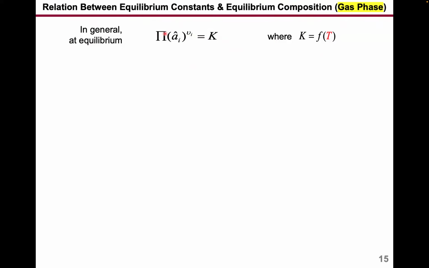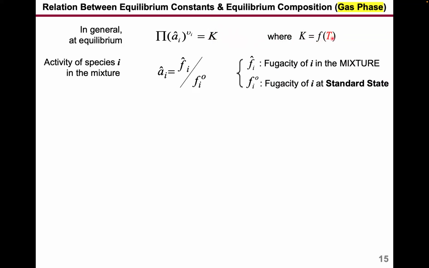Here, again, the product of alpha_i to the power v_i is equal to K. K is related to the standard Gibbs energy of reaction, so K is only a function of T. And alpha_i is the activity of the species in the mixture. Activity is the fugacity in the mixture divided by the fugacity of i at the standard state, so we already know this.